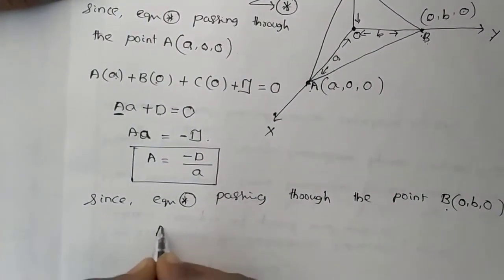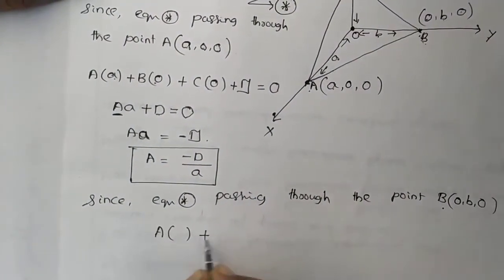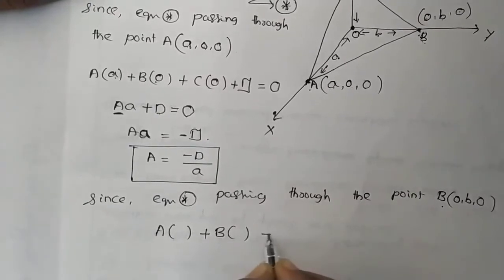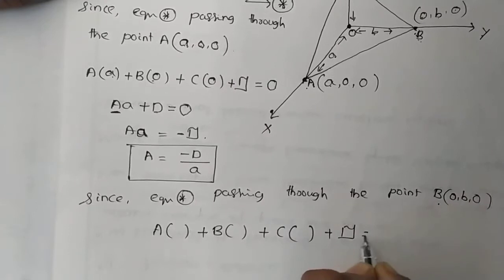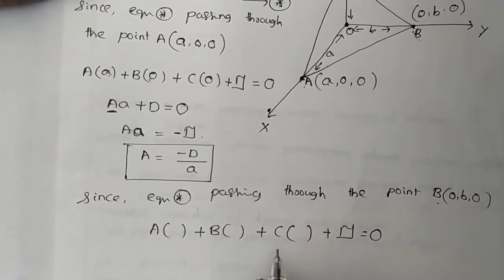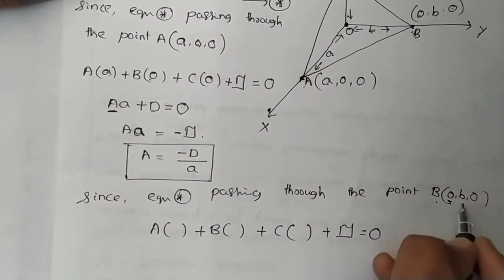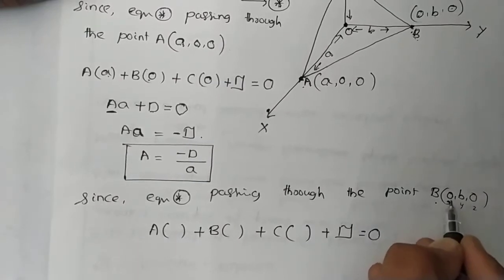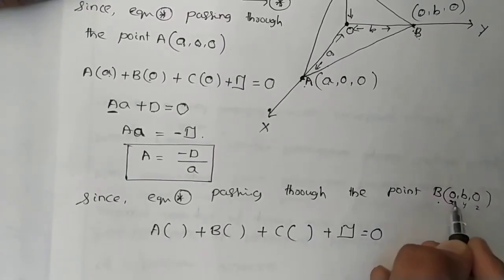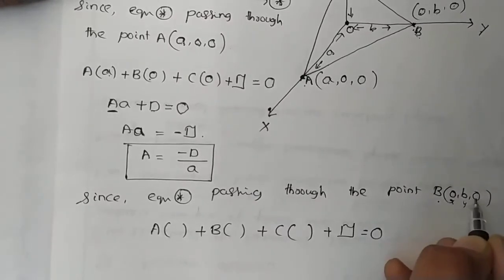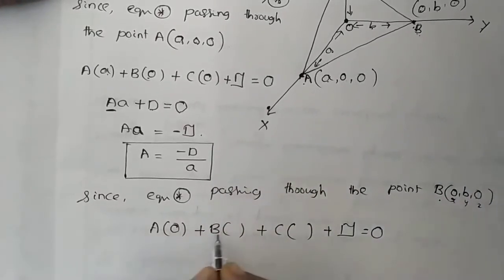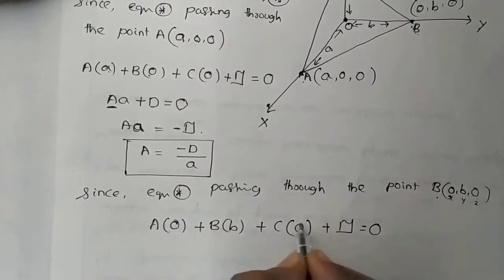From equation star we have a into x plus b into y plus c into z plus d equals to 0. In place of x substitute 0, in place of y b, in place of z 0, that is 0, b and 0.